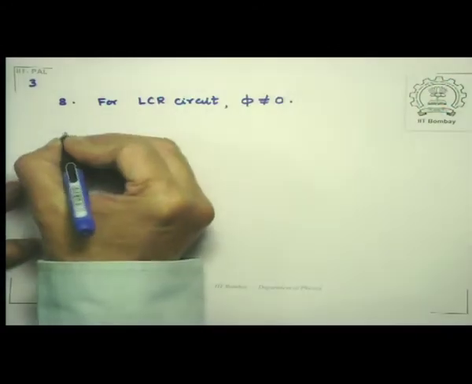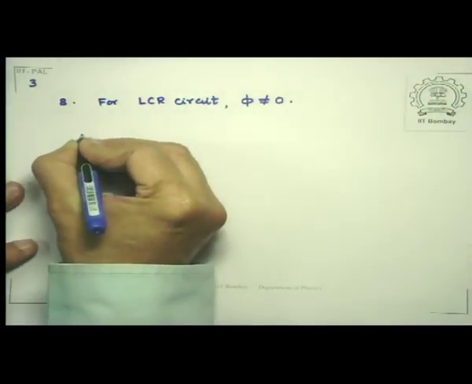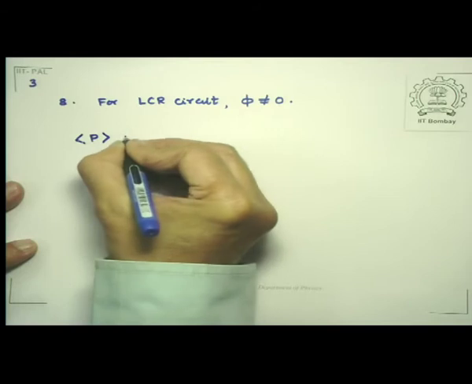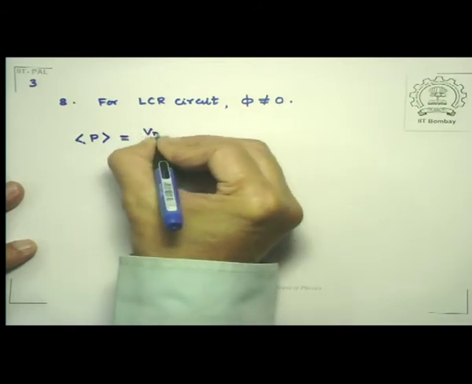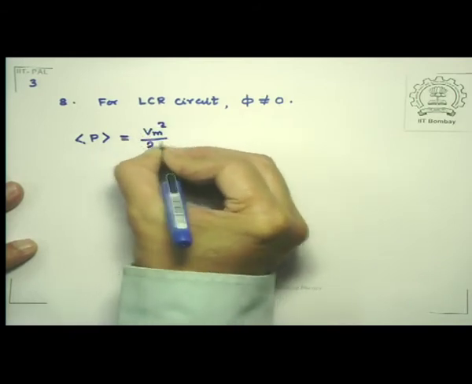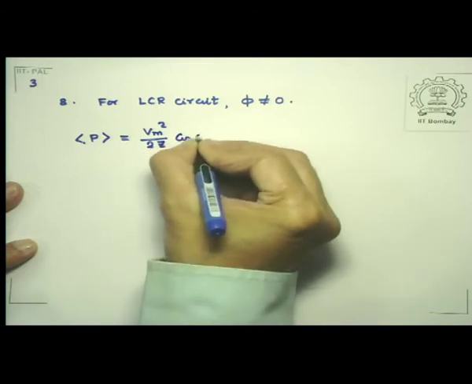In the present lecture, we continue with our discussion of LCR circuit and elaborate many of these concepts, in particular the question of power factor, by giving several examples. So notice this, that the expression for power, average power, was shown to be given by Vm square over 2Z times cosine of phi.